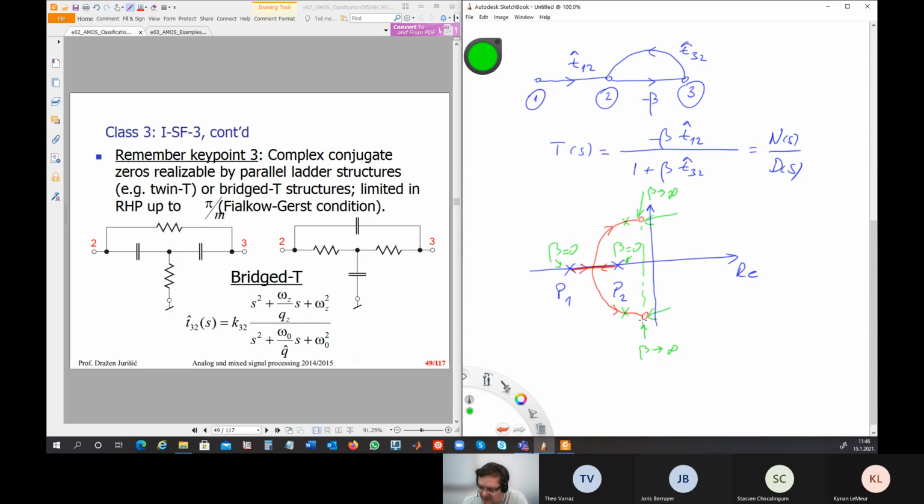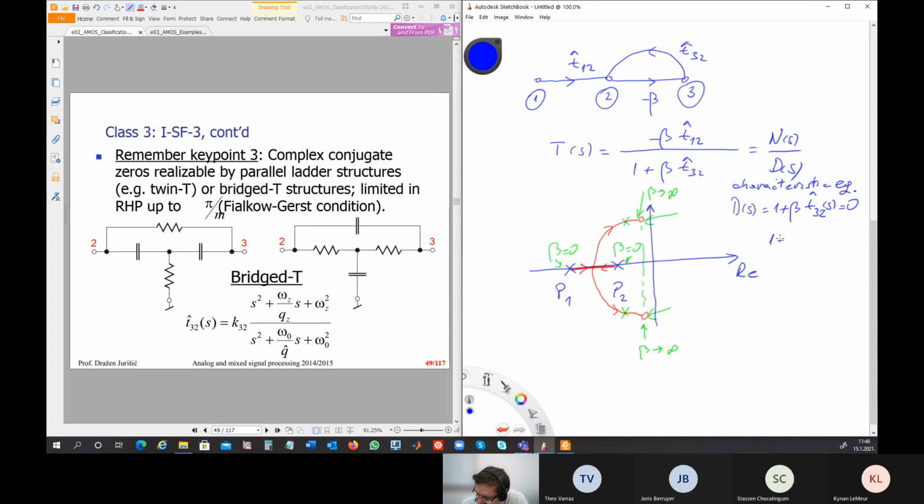Before we continue, I can also here write D of s is 1 plus beta T32 of s, and D of s must be 0. This is called the characteristic equation.